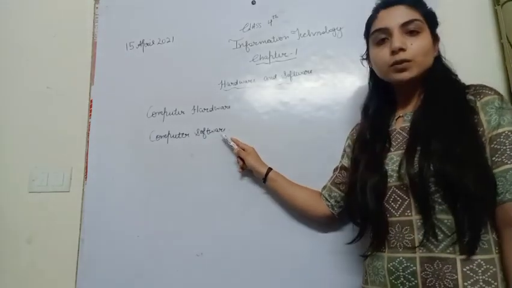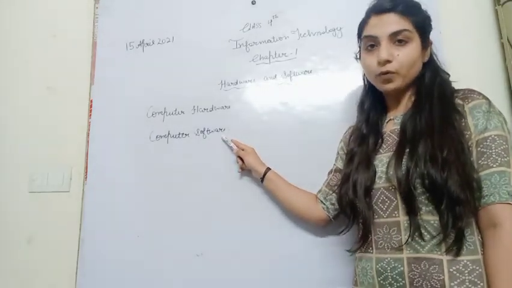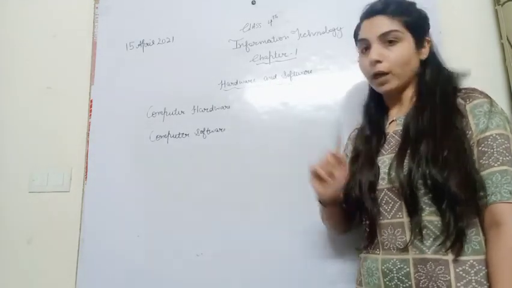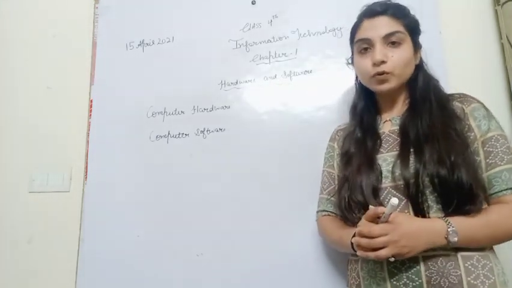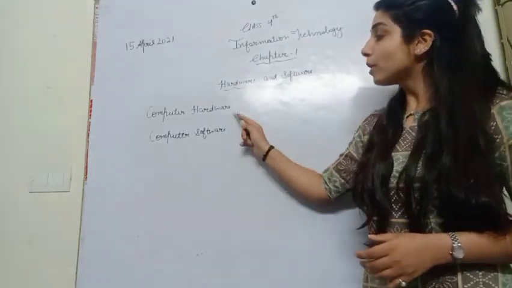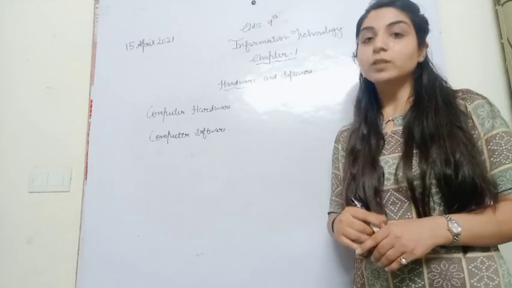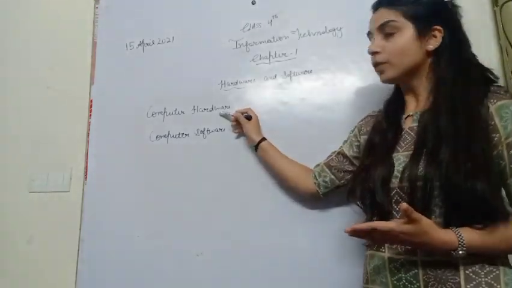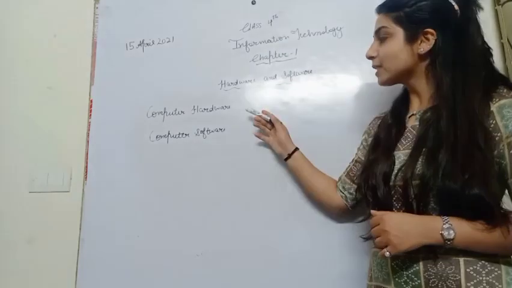Computer software is called the non-physical part of the computer, which we cannot touch and cannot see. All the instructions in the computer are performed by the software part. And all the parts related to the computer that make one computer and help it do work. Okay, so let's get started.